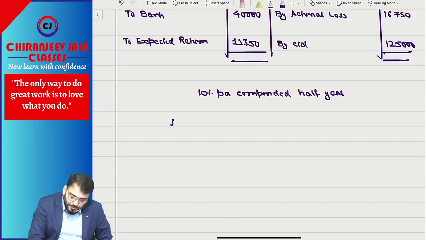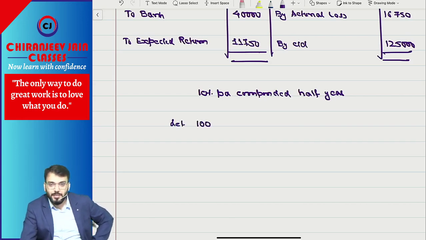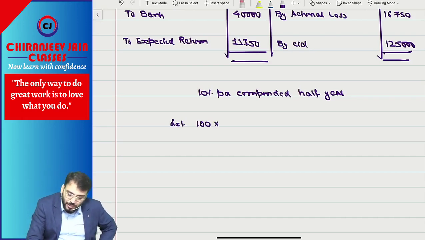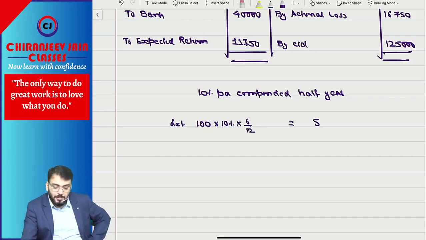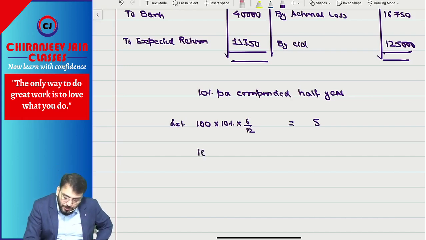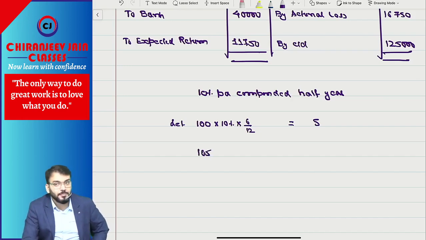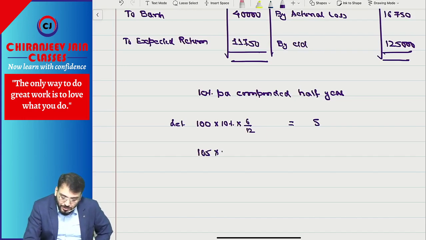But suppose you invested 100 rupees initially. For 6 months how much are you getting? 10% into 6 by 12, that is 5 rupees. Then for the next 6 months it will be on 105 into 10% into 6 by 12. How much?